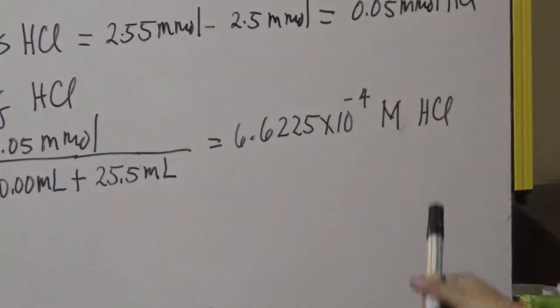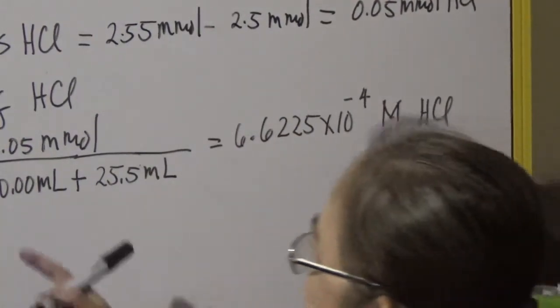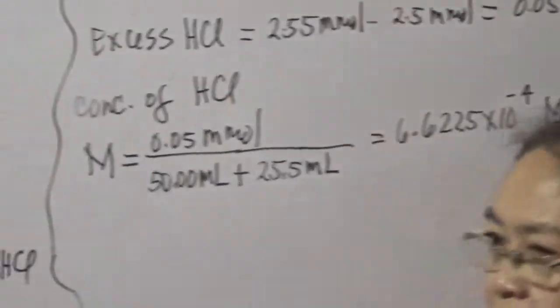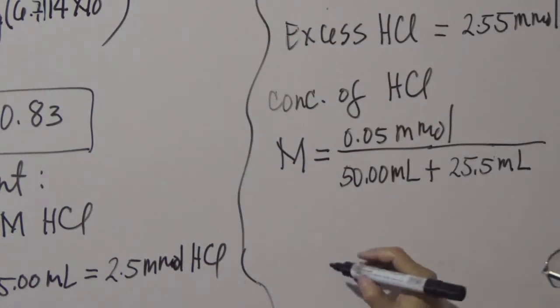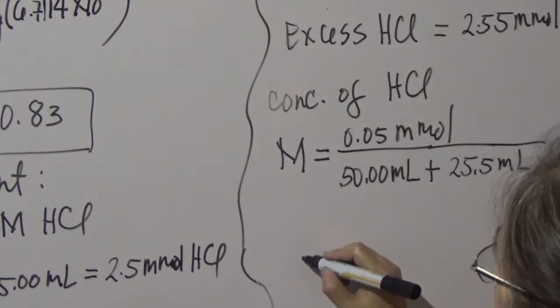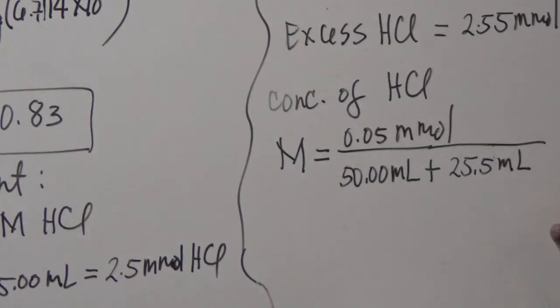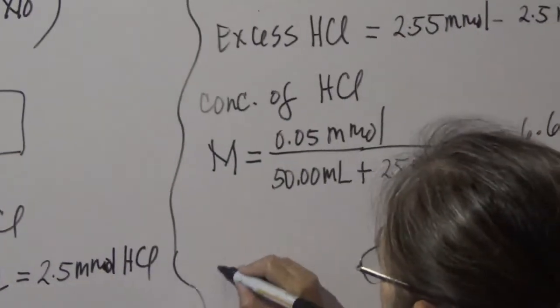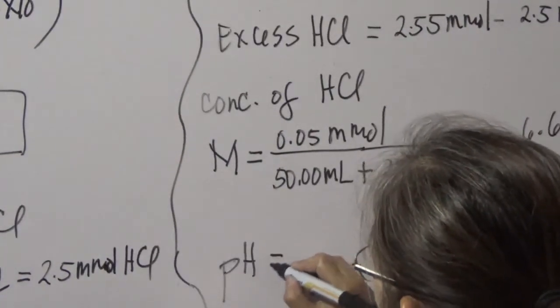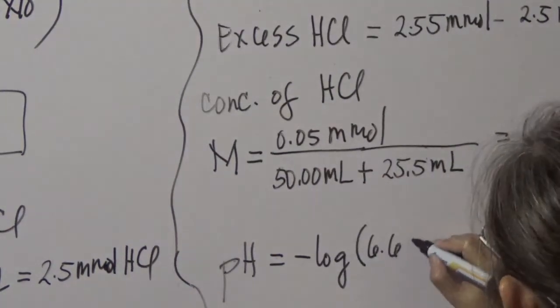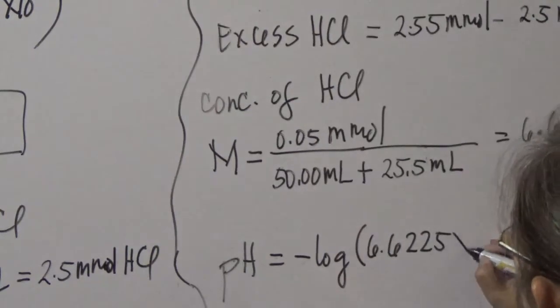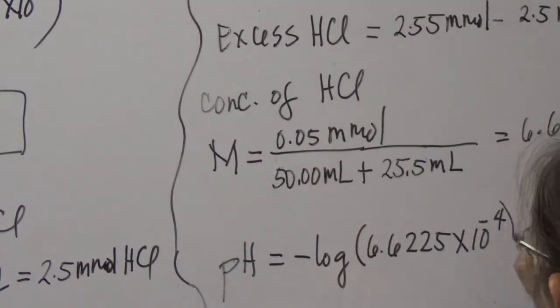Since this is an acid, hydrochloric acid, a strong electrolyte, it will be completely ionized into hydrogen ion and chloride ion. So the concentration of the hydrogen ion is just equal to the concentration of the hydrochloric acid. Therefore, pH is equal to the negative log of 6.6225 times 10 to the negative 4.